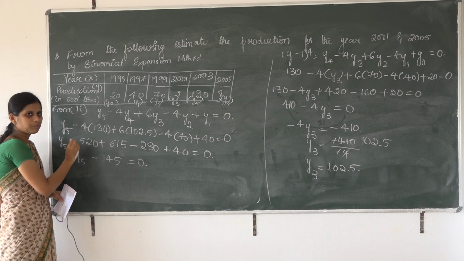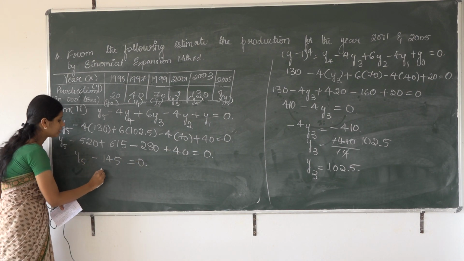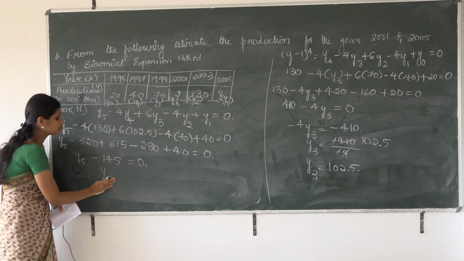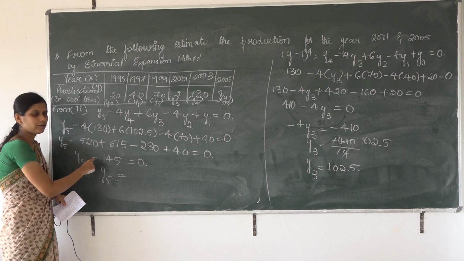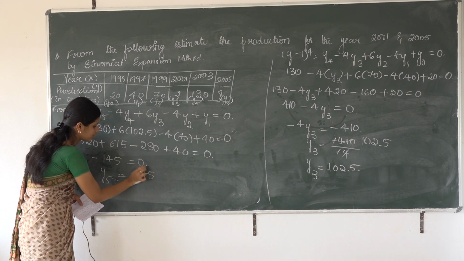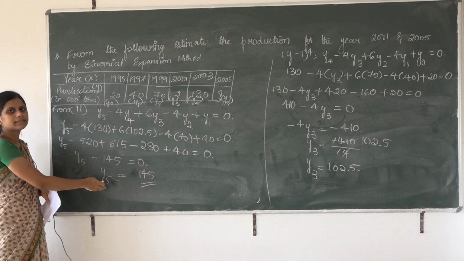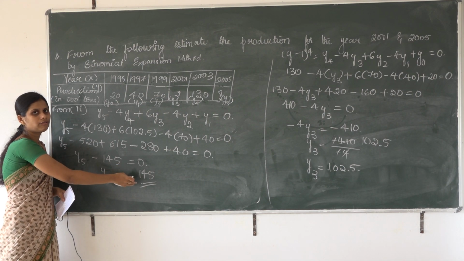We will keep this value as it is and take this value to the right hand side. y5 is equal to, minus value will become plus 145. So y5 value is 145. We have extrapolated the value of y5, that is 145.